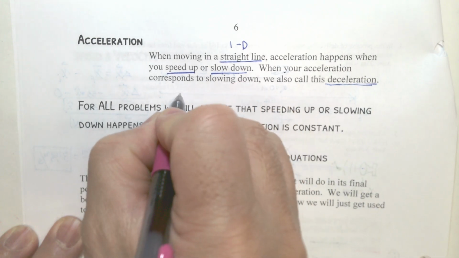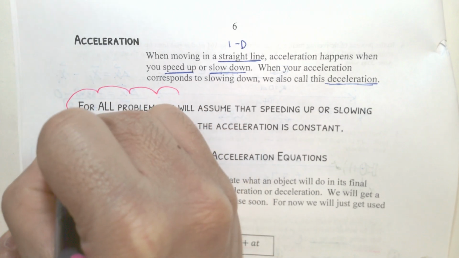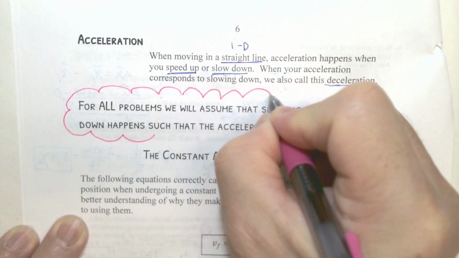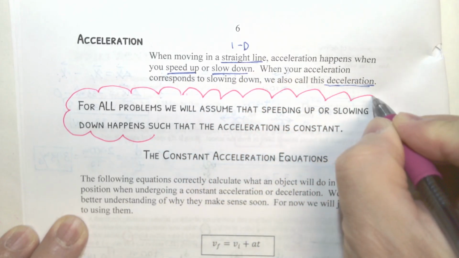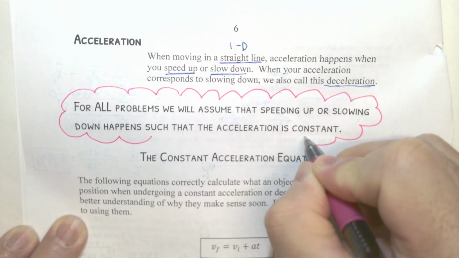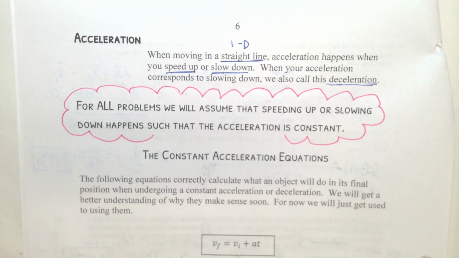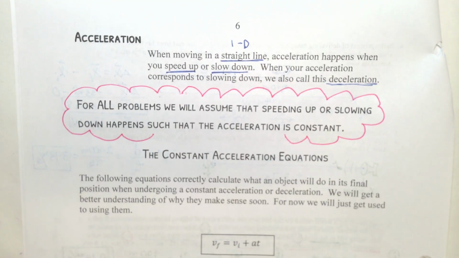That's important, because if it's not a constant acceleration, it's really tricky, because you have to use calculus then. How many of you have had calculus already? Okay, so we all know the derivative of the position function is the velocity function.